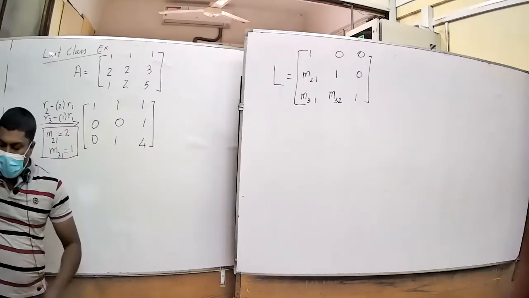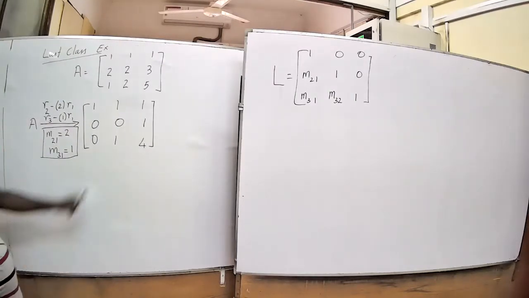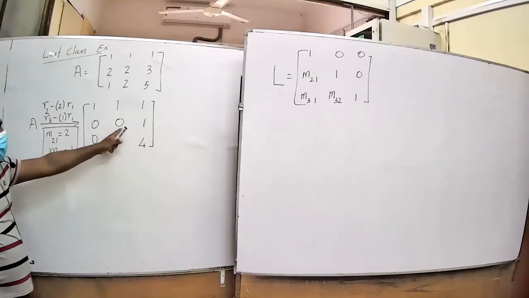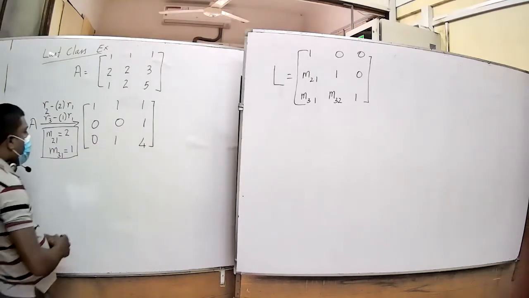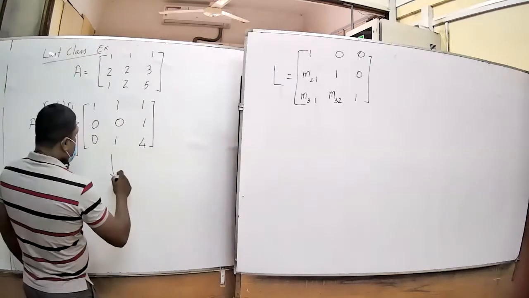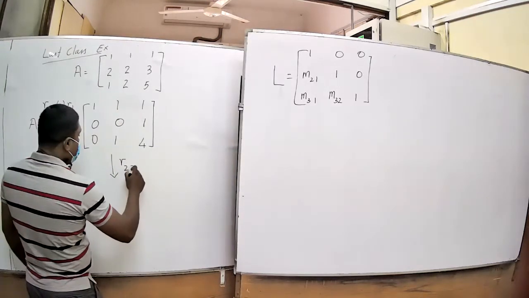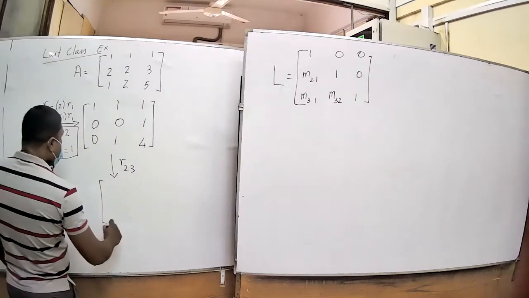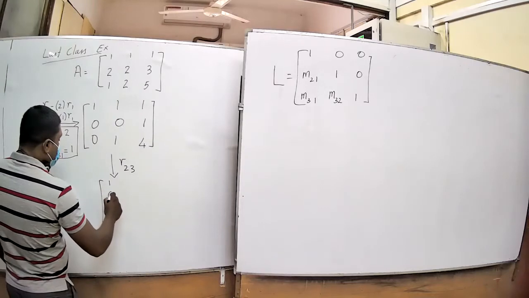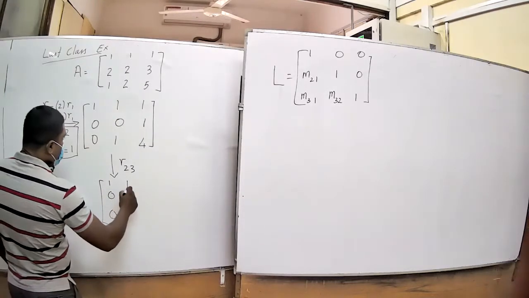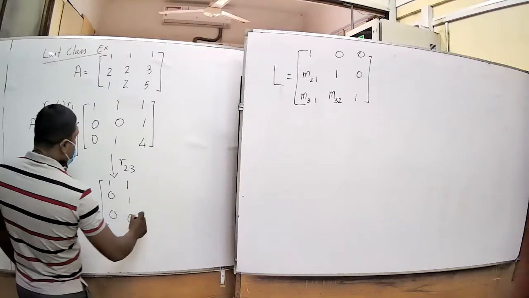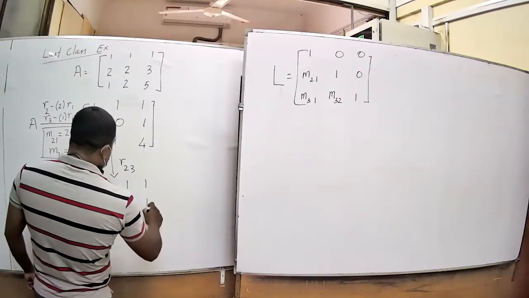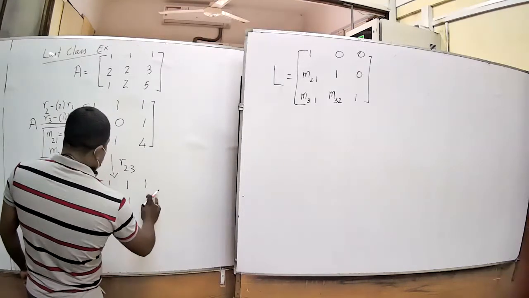According to Gaussian elimination, but because there is a 0, what you do in the next step is you interchange two rows. So you interchange row 2 and row 3. When you do that, you get 1, 1, 1, 0, 1, 4, 0, 0, 1.